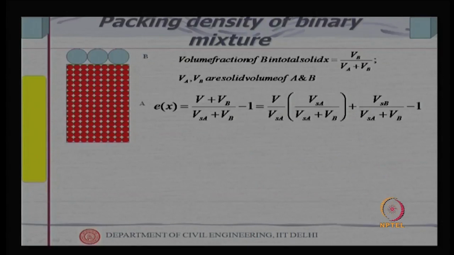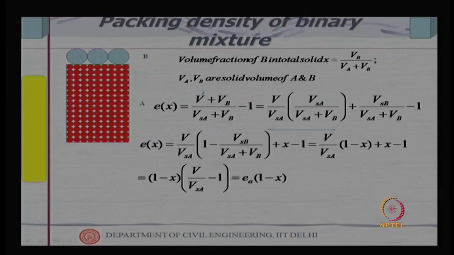I modified this term, this divided by this term, and the next would be V by VSA, this term remains the same, and this I can write as 1 minus VSB, because VSA is equal to 1 minus VSB divided by VSA plus VSB. Because VSA plus VSB is equal to 1, that is what we are assuming, total volume.